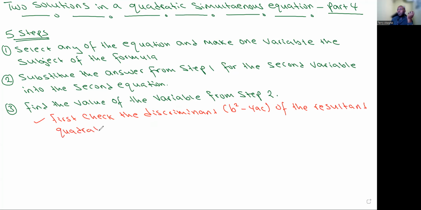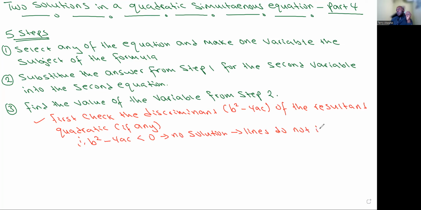In some cases you might get one, in some cases you won't, but because we're talking about quadratic simultaneous equations, there's a very high chance that you'll get one. When you check the discriminant and you see that b squared minus 4ac is less than 0, as we did in the previous video, it means there is no solution, so the lines do not intersect.